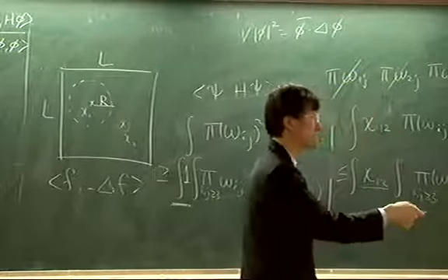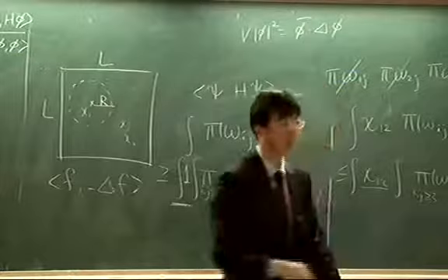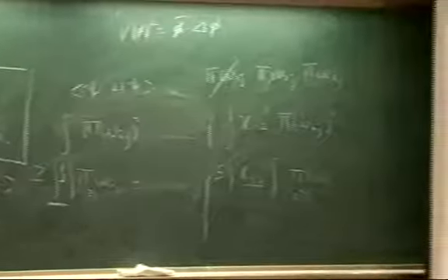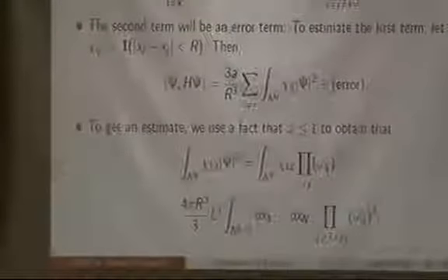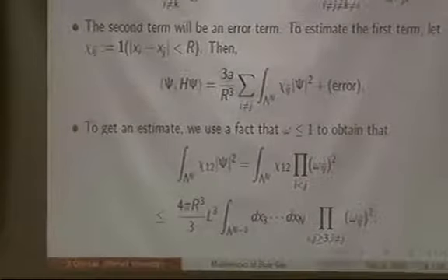And therefore, this is bounded by n times n minus 1, which comes from the fact that we only considered chi_1,2, but we actually needed to sum over different ij's. So we have n times n minus 1 times 3a over r cubed, which was here.